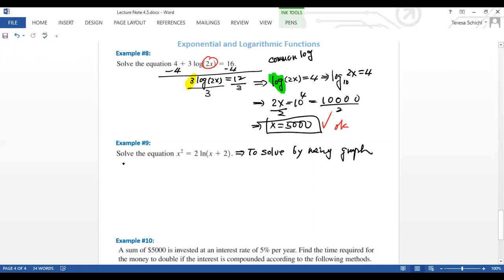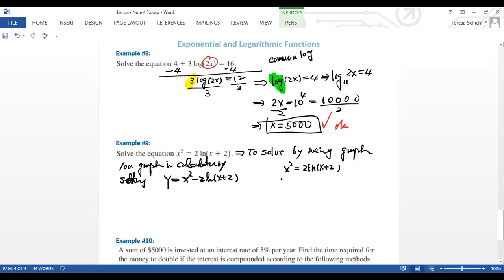So you graph it in the calculator by setting y equal to x squared minus 2 natural log x minus 2, right? So basically you have x squared equal to 2 natural log x plus 2, right?